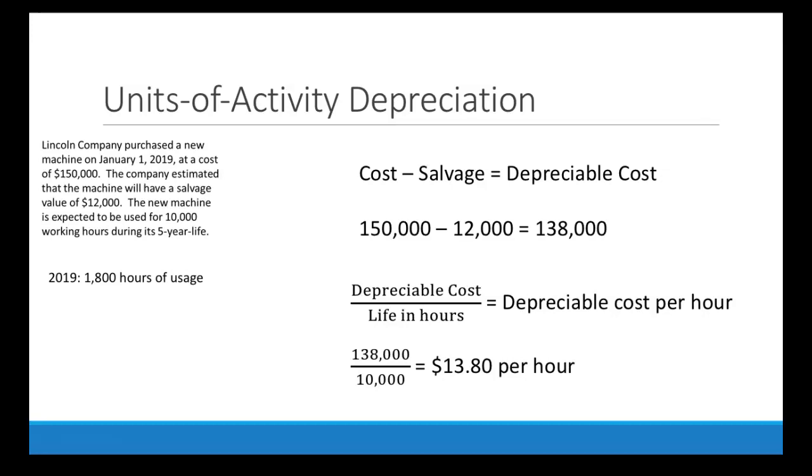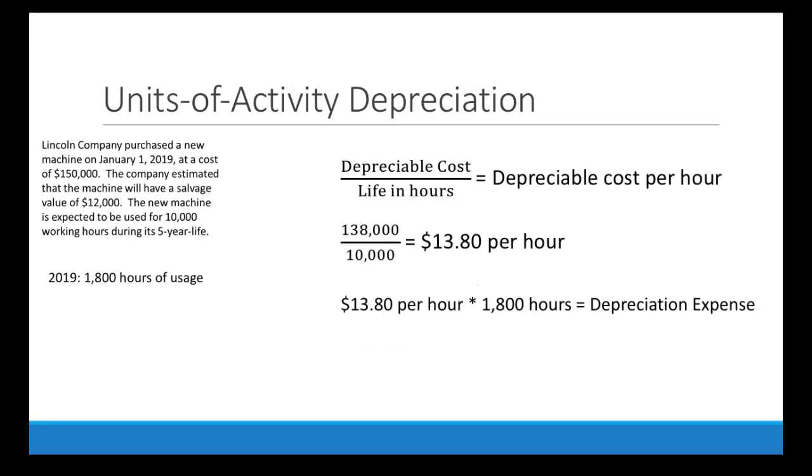What that means is that for every single hour that this machine is running, it's going to depreciate by $13.80. Right? So the next step is going to be to take that $13.80 per hour and multiply it by our actual usage.